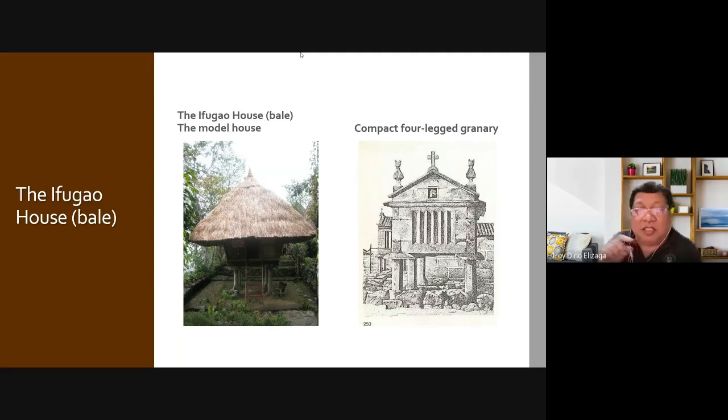Those discs are supposed to ward off rats. So in principle, the rats cannot go up because they have to navigate that disc upside down, so they fall.